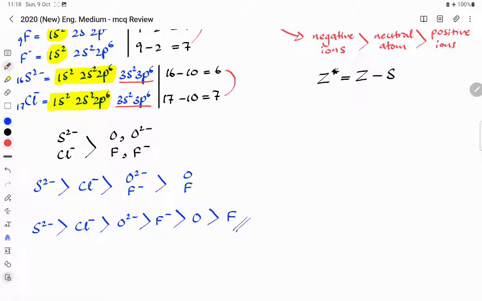Now this categorization is done using the number of shells. This categorization is done using the charge of the species. Now finally, effective nuclear charge.